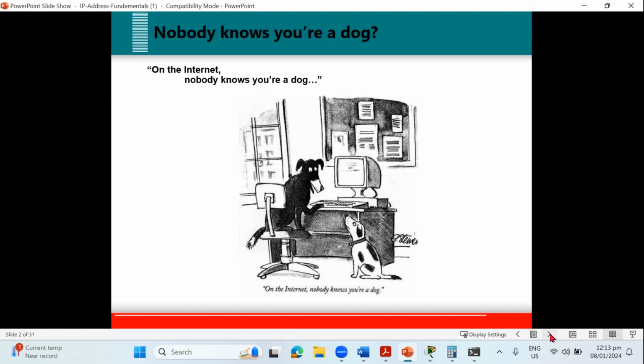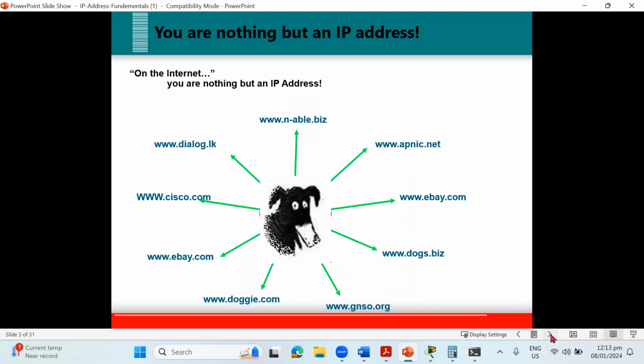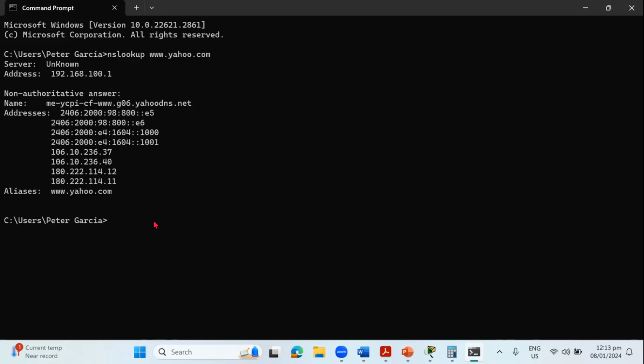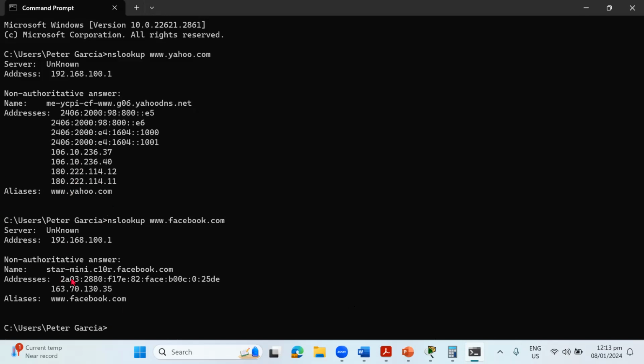At katulad sabi natin kanina, lahat ng connection natin to the internet, ang ginagamit lang natin ay certain name or certain alias. Ito yung tinatype natin: Yahoo.com, facebook.com.